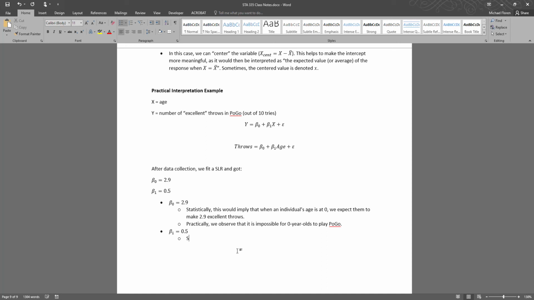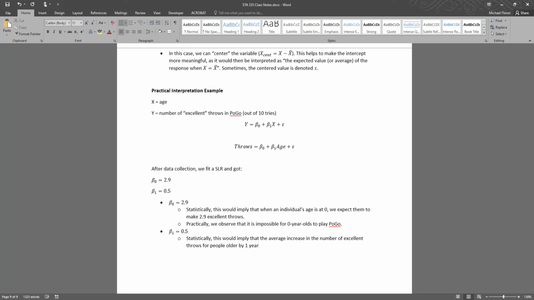All right, so let's talk about the slope statistically. This would imply that the average increase in the number of excellent throws for people older by 1 year.